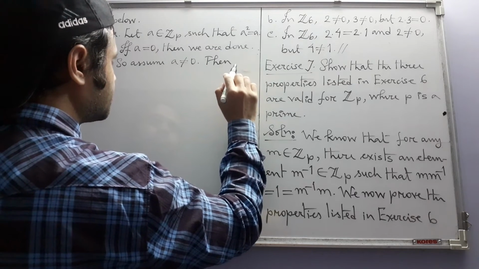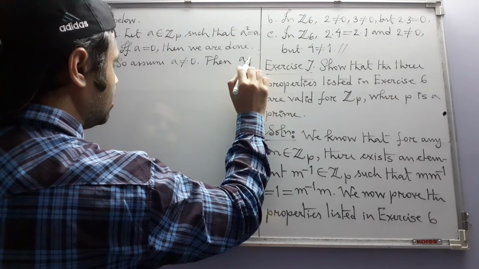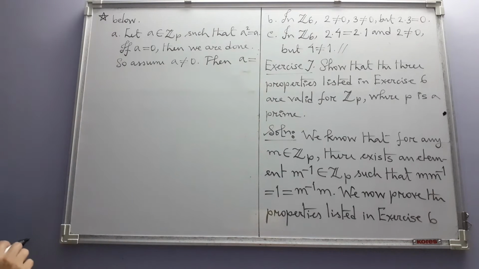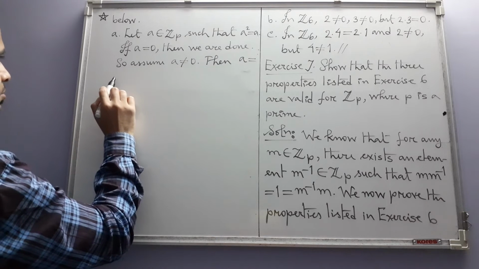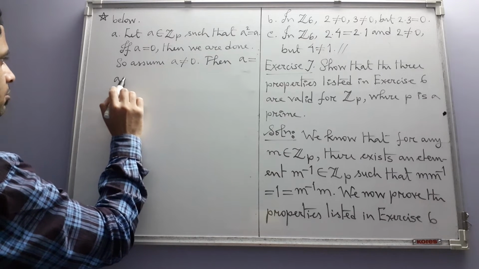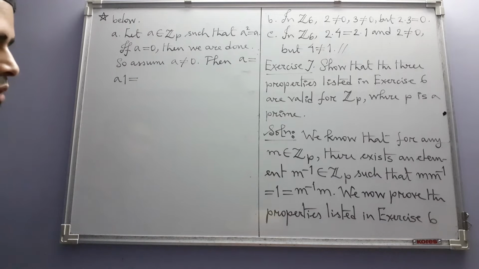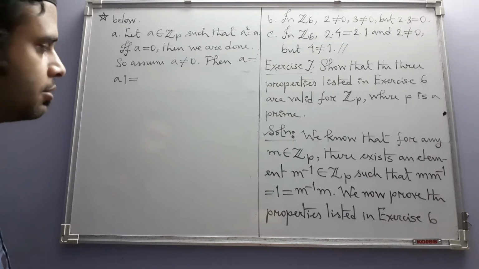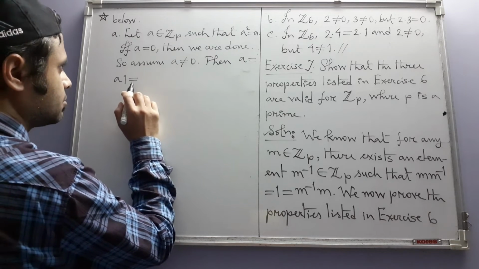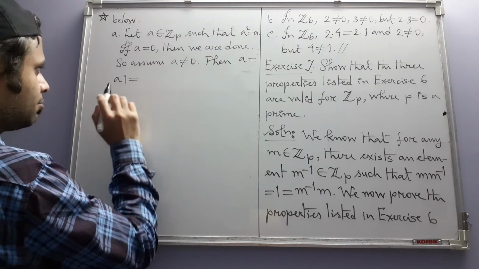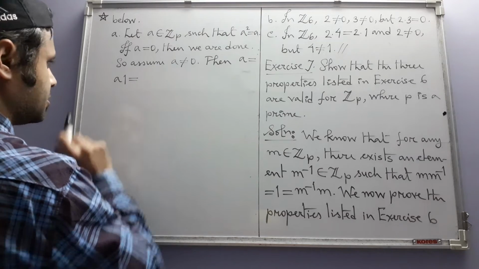Then A is equal to A1. Okay, in place of A, we can write A1, because in Zp, 1 is the unity.